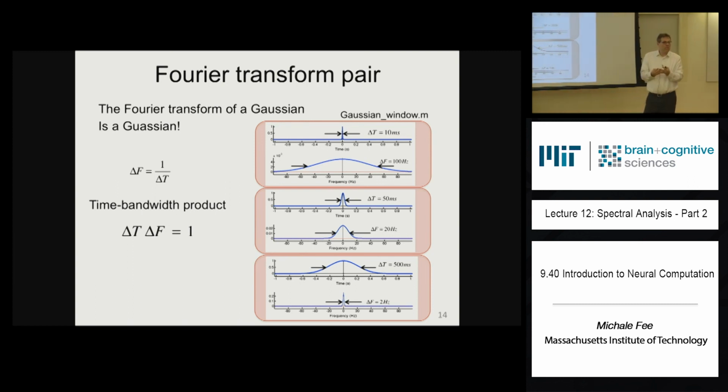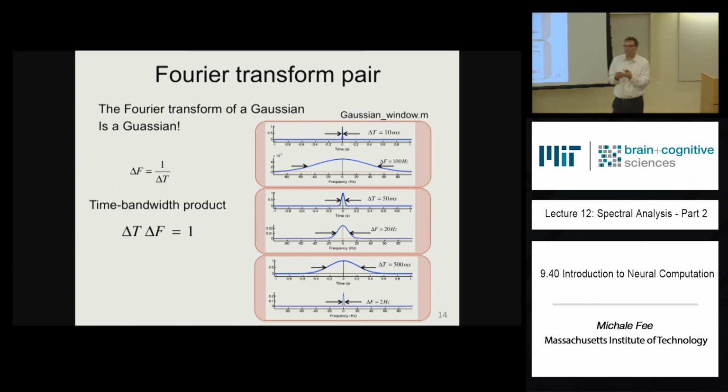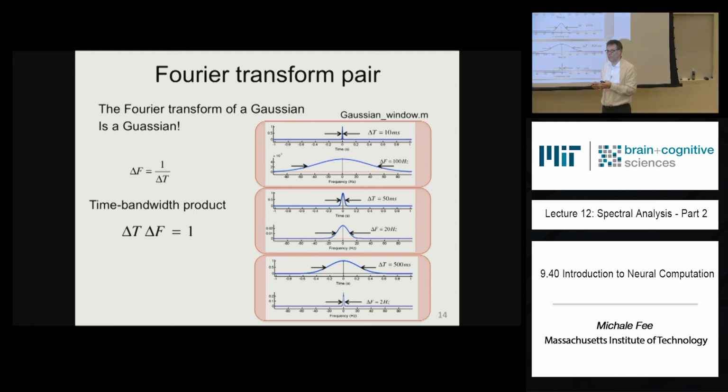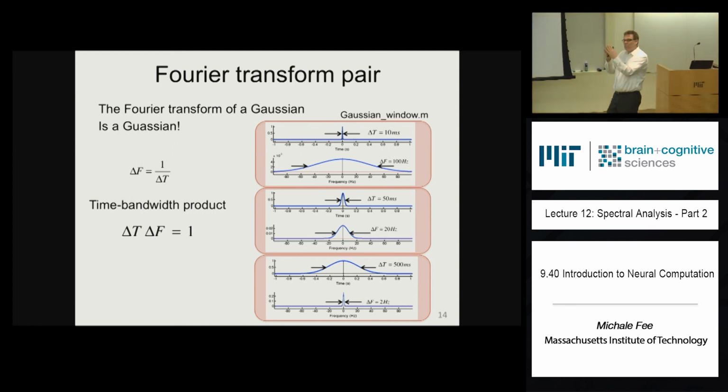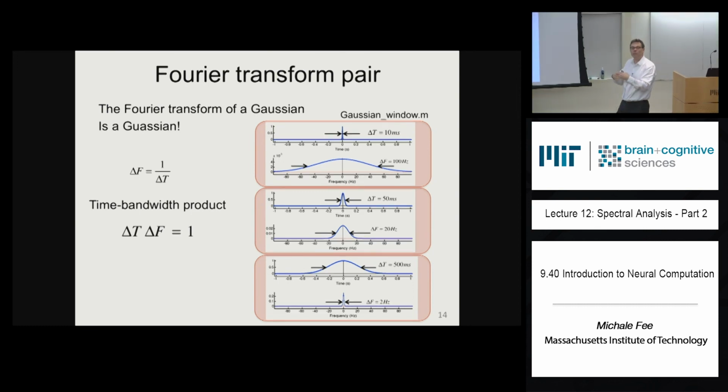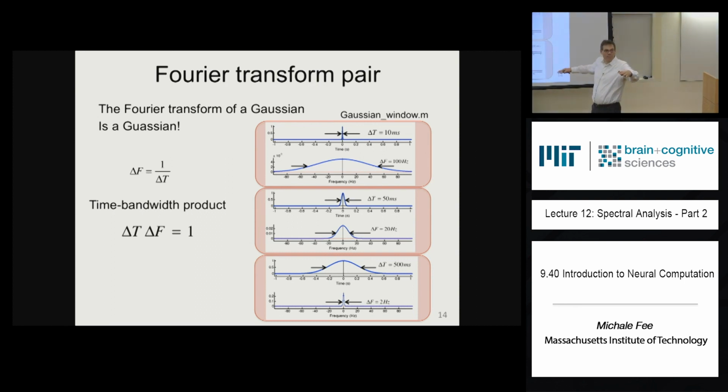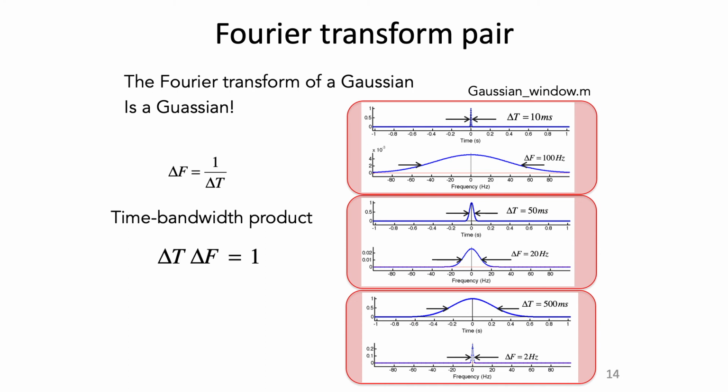The momentum of that particle can be computed as the Fourier transform of the wave function. If the particle is more localized in space, then if you compute the Fourier transform of that wave function, it's more dispersed in momentum, and so the uncertainty in momentum is larger. So this concept of time bandwidth product in the physical world is what gives us the Heisenberg uncertainty principle. It's very cool.